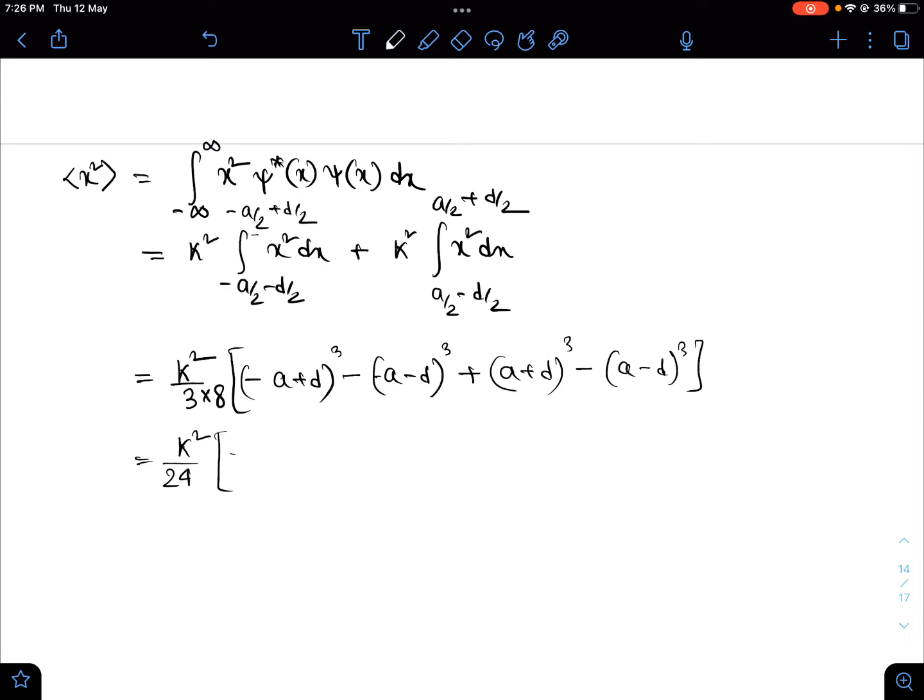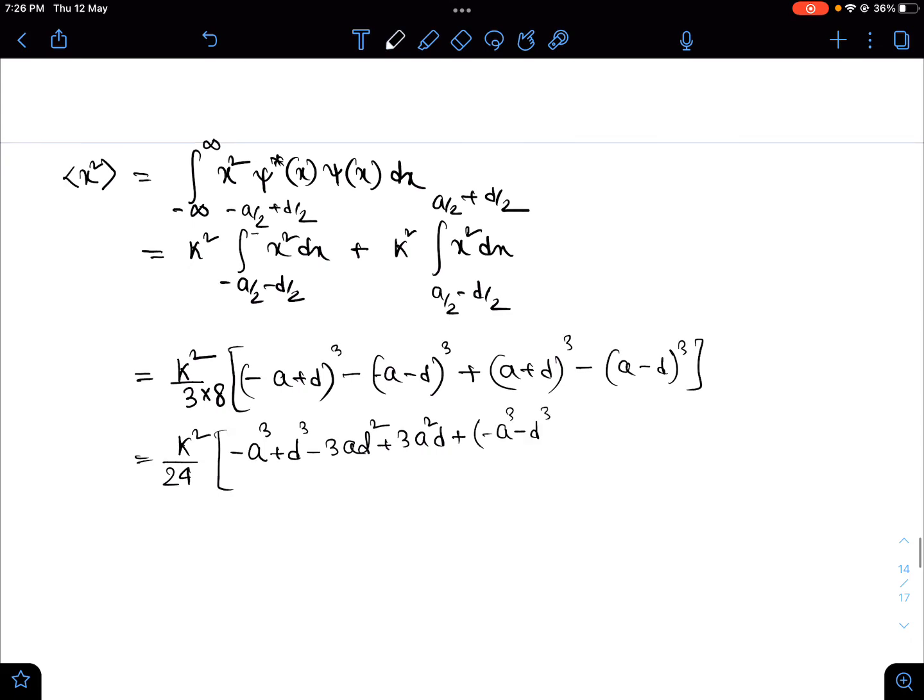The first term will give us a cubed plus d cubed minus 3a d squared plus 3a squared d. Similarly, in the second term we will have minus a cubed minus d cubed, and we can take the minus common.